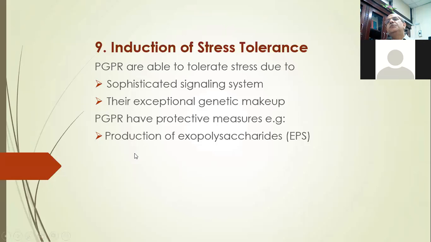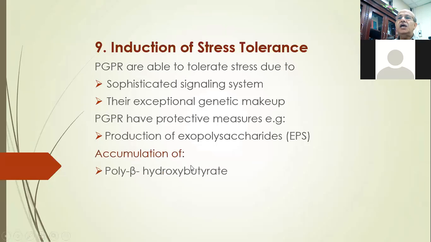Number one is the production of exopolysaccharides, and the accumulation of polyhydroxybutyrate, proline, and ectoine. All these are different compounds which help particularly in tolerating salt stress. They act as a sort of osmolytes.